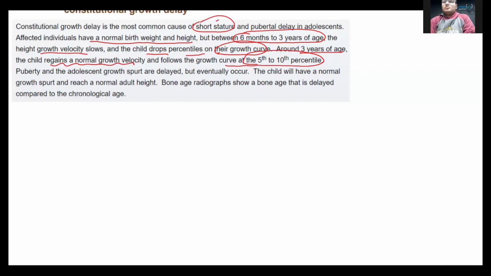Normally, when we define short stature, it is less than the second percentile. Short stature is the term used, and we monitor all children's growth on a growth chart. If the height is less than the second percentile on the growth chart, we say it is short stature.